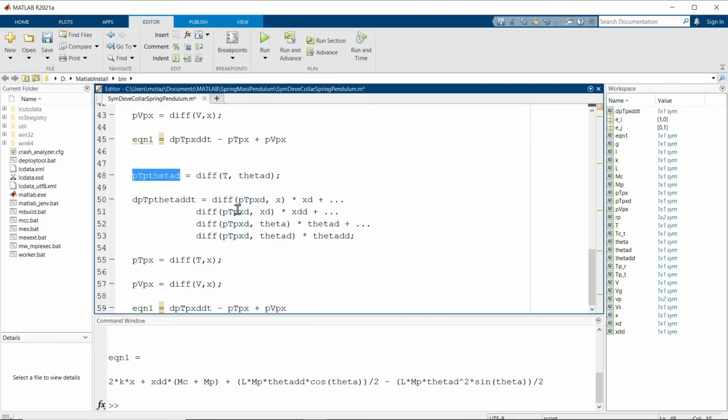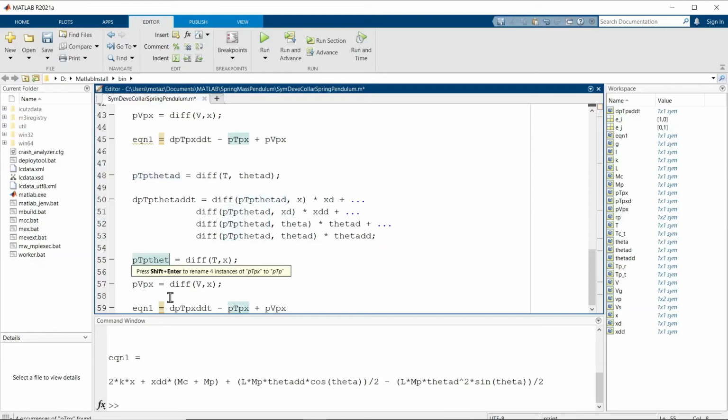And then this term will come in here. And we'll keep these the same because we're going to have to take the derivative with respect to x dot, theta and theta dot, and then multiply by the inside because it's the chain rule. We can change this to ∂T/∂p theta and ∂T/∂p theta.